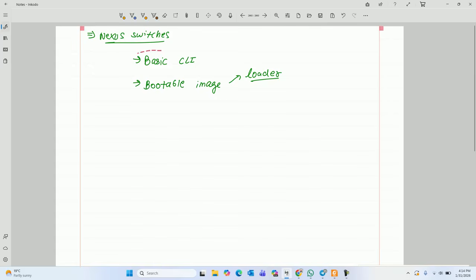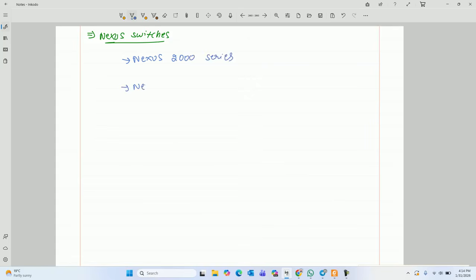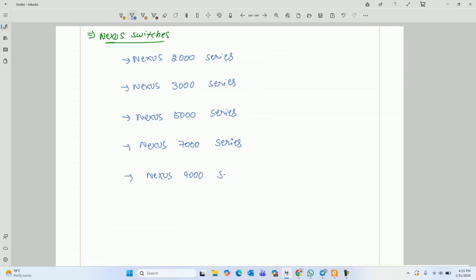Now, earlier in Nexus switches, we have the Nexus 2000 series, then the Nexus 3000 series, the Nexus 5000 series, the Nexus 7000 series, as well as the Nexus 9000 series.